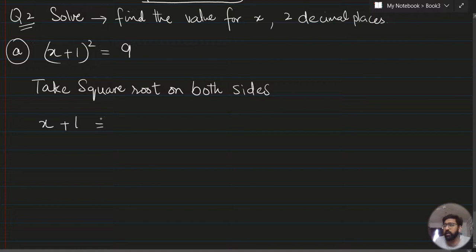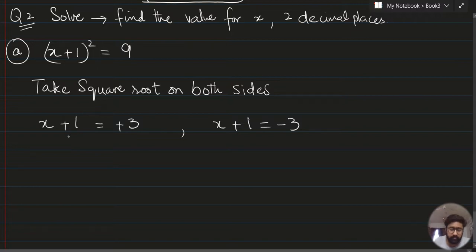And remember one thing, whenever you take the square root of a number, that is going to give you two possible solutions, one positive, and the same very number is going to be negative. So plus 3 and minus 3 is the square root of 9.